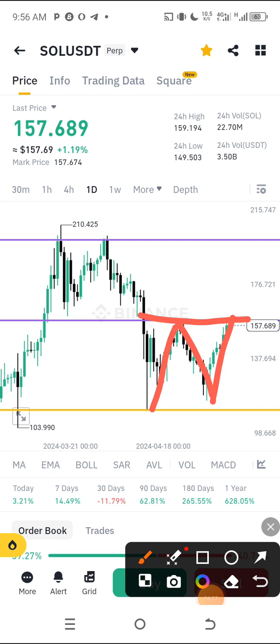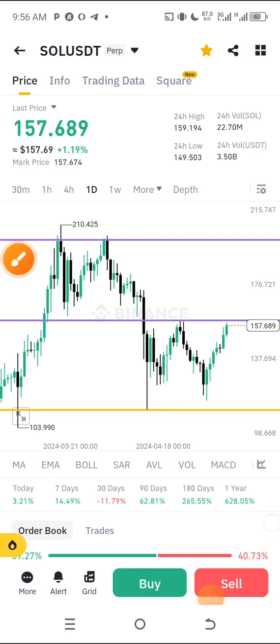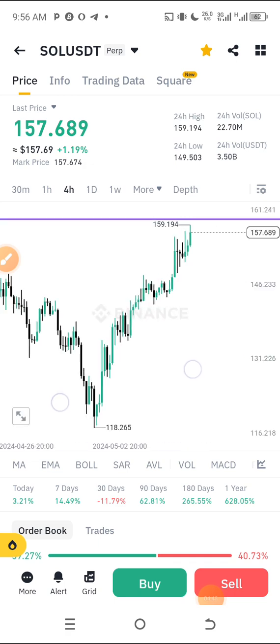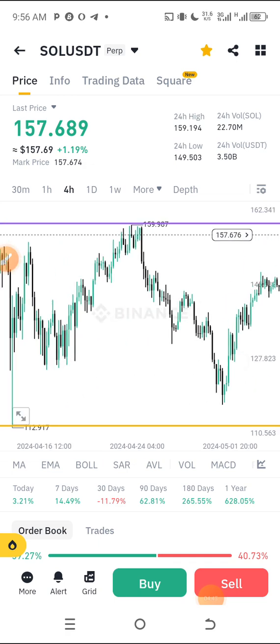So what we can do now is move to the 4 hour time frame and look at what's happening, and see whether it's going to align with the weekly and the daily time frame. Okay, we are here and this is the 4 hour time frame.